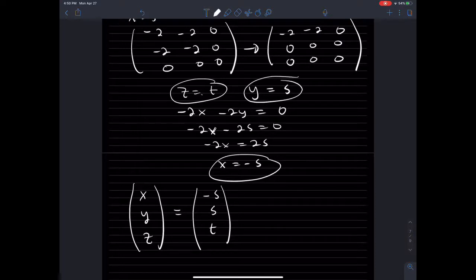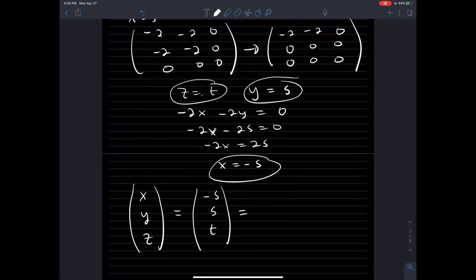But that's two different constants. So just like before when we separated, we had three different independent variables, we had to have three vector matrices. So we're going to write this as minus s, s, 0, separate the s's and t's basically, plus 0, 0, t.